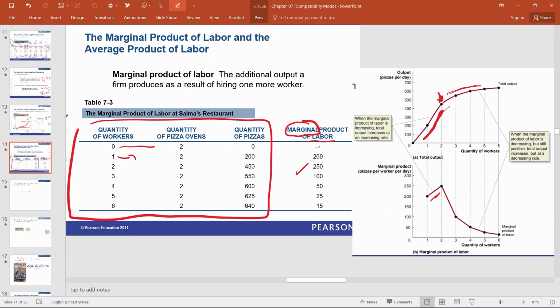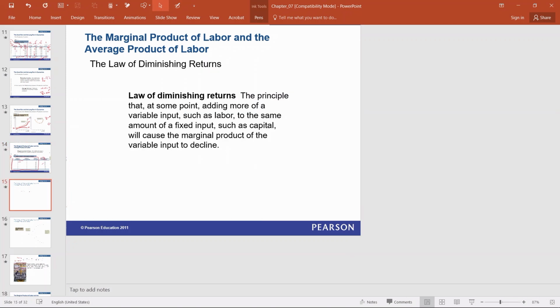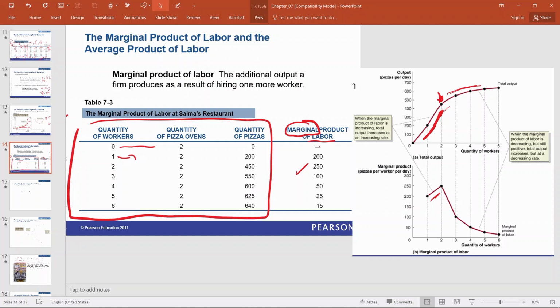This has a philosophy, but it's beyond our focus. Here is just a small analysis of what was going on in these curves. Remember that we have a production function of pizza, which is a function of labor and oven, which is capital.